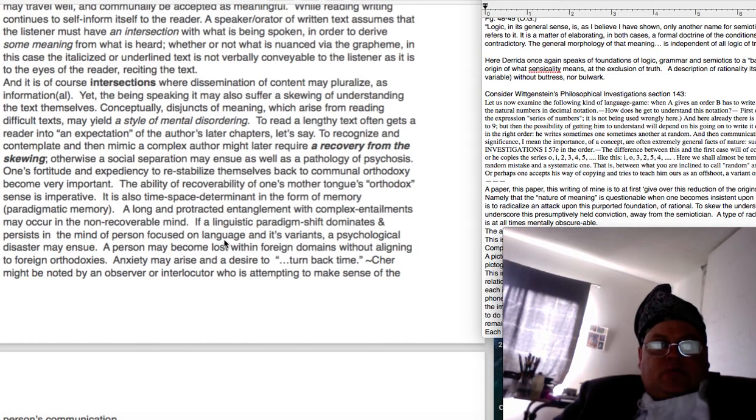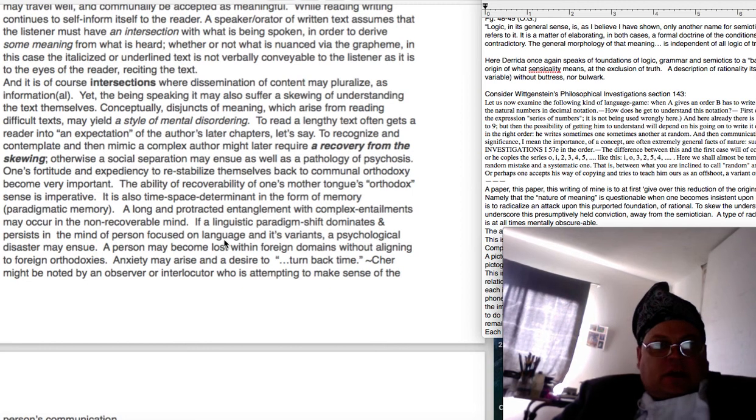Yet the being speaking it may also suffer a skewing of understanding the texts themselves. Conceptually, disjunctive meaning which arises from reading difficult texts may yield a style of mental disordering. Reading a lengthy text often gets a reader into an expectation of the author's later chapters.